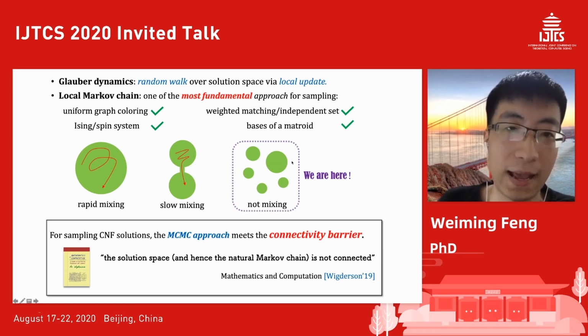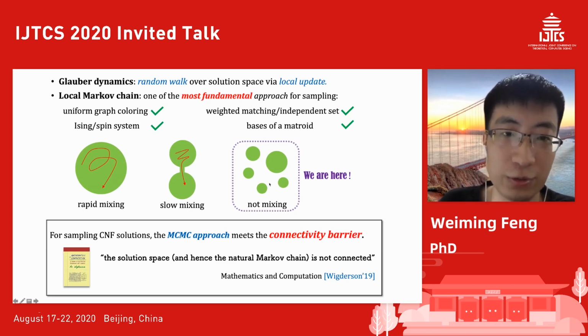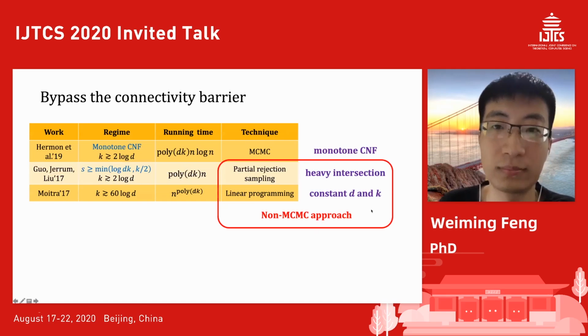And I remark that in the worst case, there can be exponentially many connected components. So the Markov chain cannot converge to the uniform distribution. This connectivity barrier makes the powerful Markov chain method useless in sampling CNF solutions.